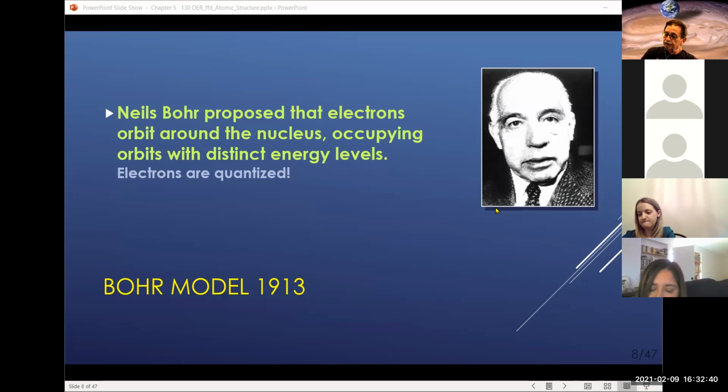So here comes a chemist/physicist. His name is Niels Bohr. Given the smallness of the electrons, he proposed that electrons must occupy very distinct energy levels. That's what his proposal was. And that electrons themselves are quantized.